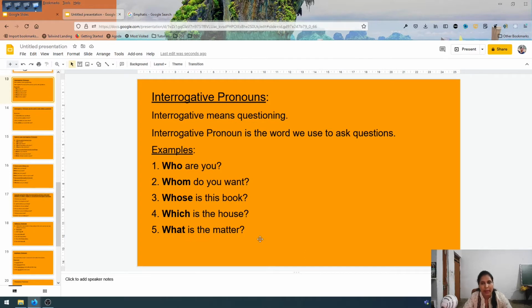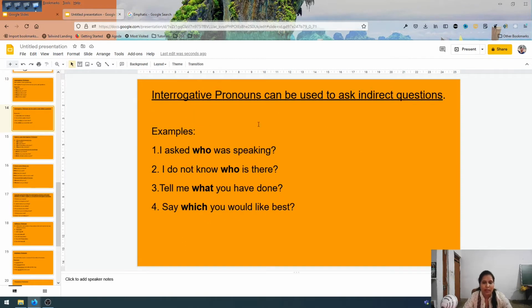What is the matter? So here who, whom, whose, which, what, all these are pronouns and these are interrogative pronouns because these words are used to ask questions, isn't it?